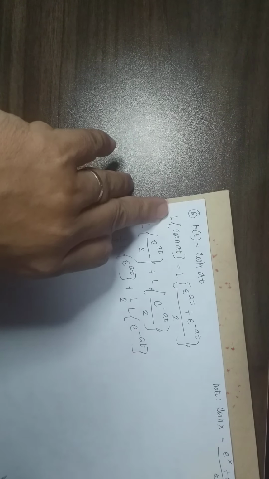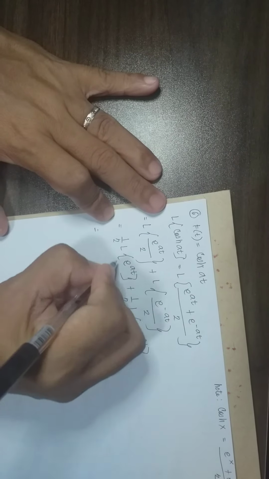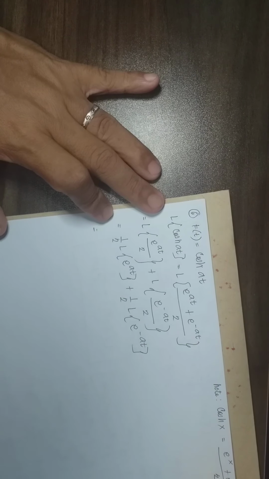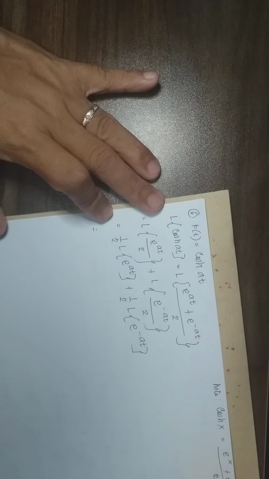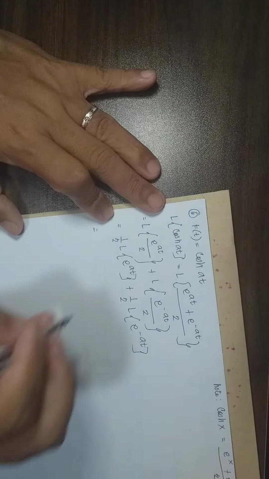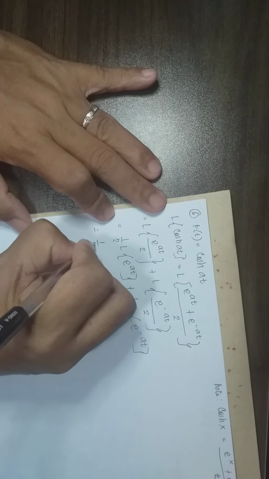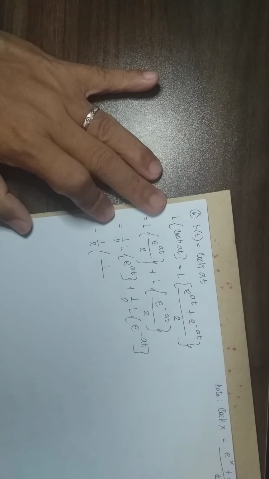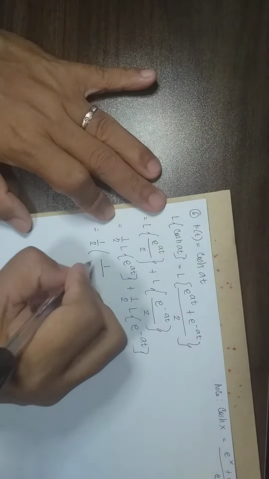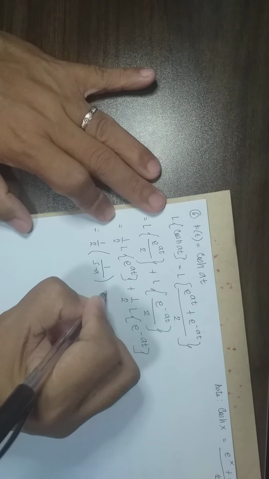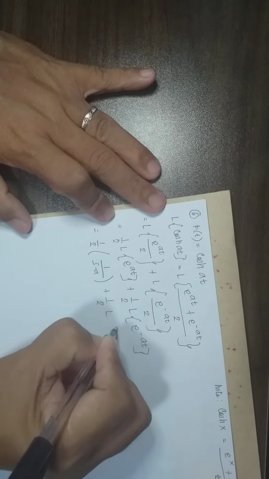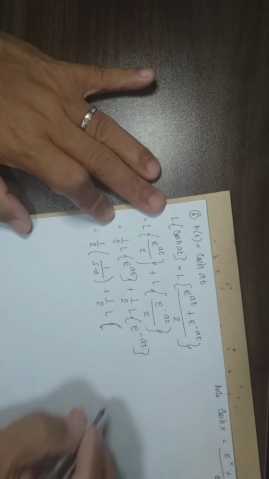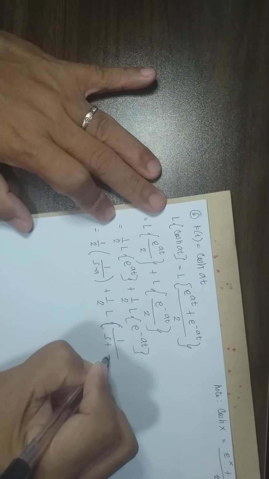But what is the Laplace transform of e to the at? That is on example number 4. The Laplace transform of e to the at is 1 over s minus a plus 1/2 the Laplace transform of e to the negative at is 1 over s plus a.